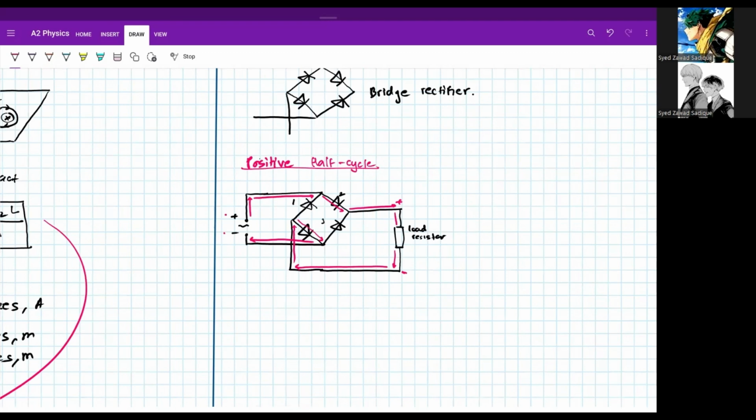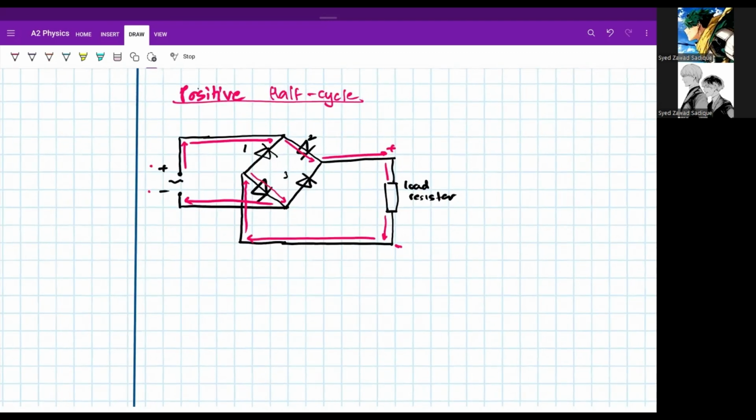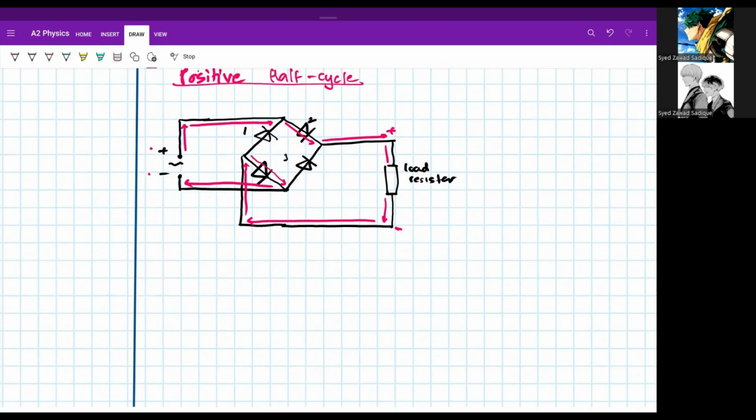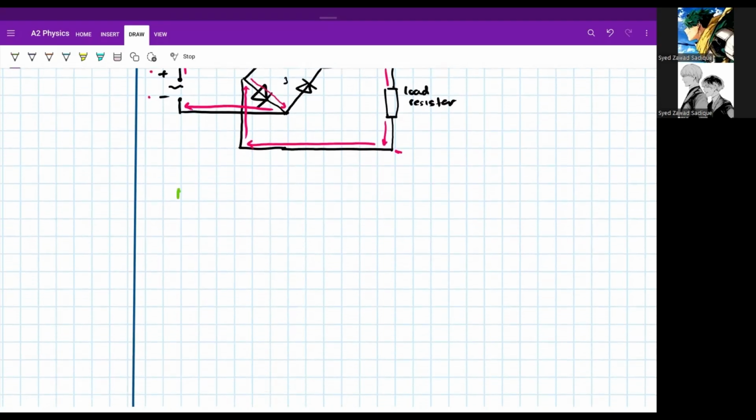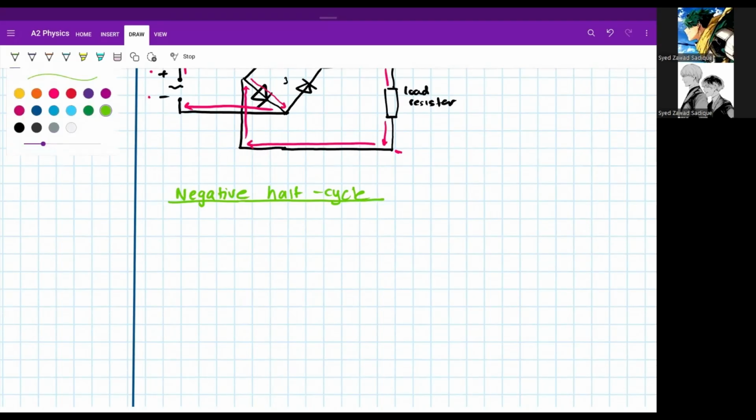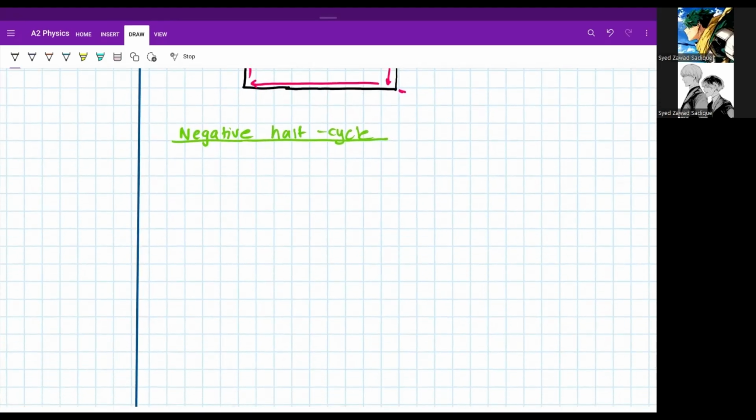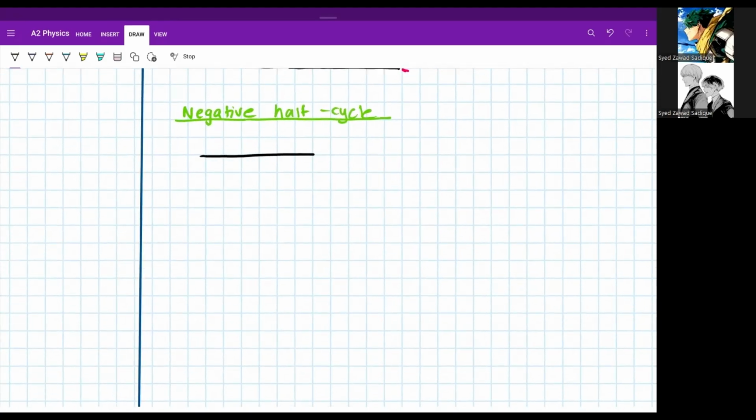Now let's look at the negative half cycle. The negative half cycle, the diagram is the same, but I have to draw it again. So let's draw the bridge rectifier.